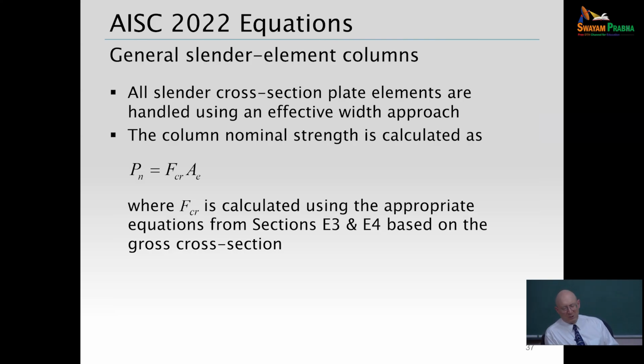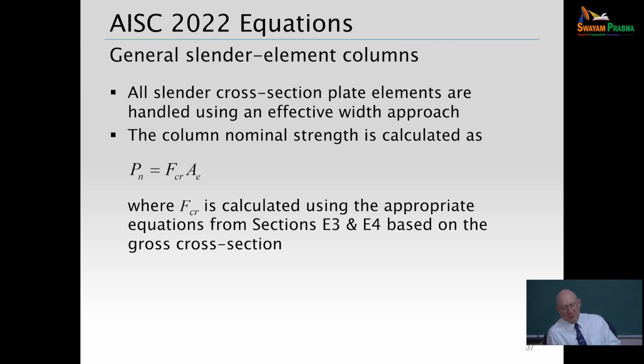In some codes, we still use essentially what are referred to as form factors to account for local buckling. Well, the AISC code has moved entirely away from that to using effective widths for everything. If there's a slender cross-section plate element, we calculate an effective width.